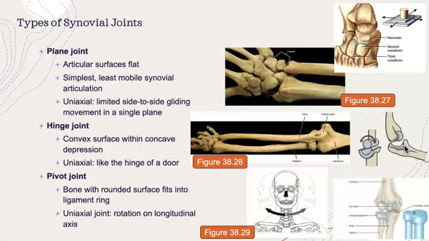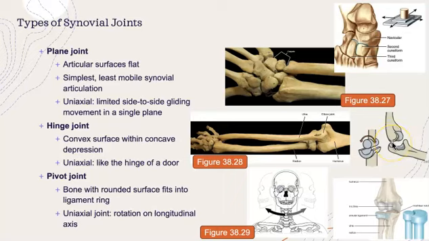So we see it's almost like a hinge on a door. An example of this would be in our elbow joint, where we have an area called the trochlea. Trochlea is over here, and it fits against the trochlear notch here in the ulna. And we also say that this is uniaxial because we're only going to have movements called flexion and extension.